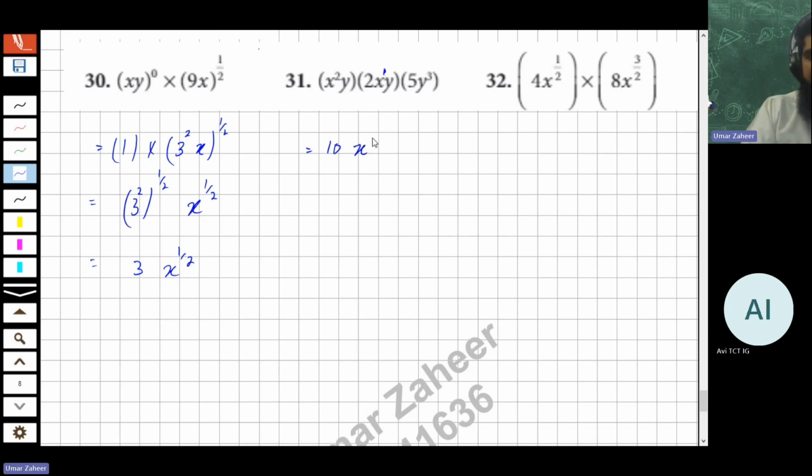So that will be x raised to power 2 plus 1, 3. y raised to power 1, y raised to power 1, y raised to power 3. 1 plus 1 plus 3, that will be 5.